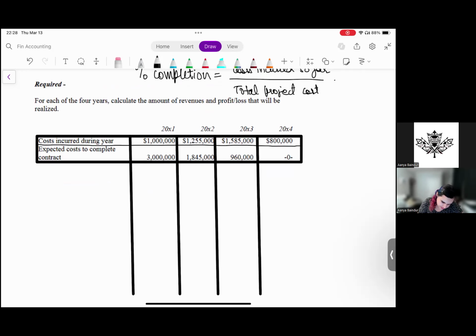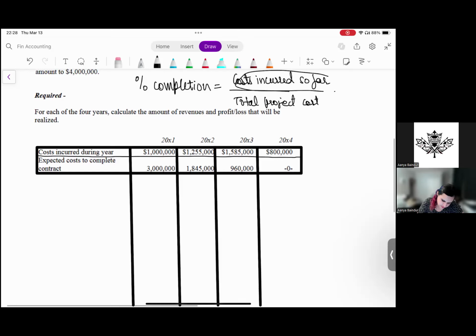First of all, let's find this figure right here, costs incurred so far. For the first year, we've only incurred this amount, so that's 1 million. The next year, we would have incurred the 1 million from the first year and the 1,255,000 for the next year. Let's add those two together. That gives us 2,255,000.